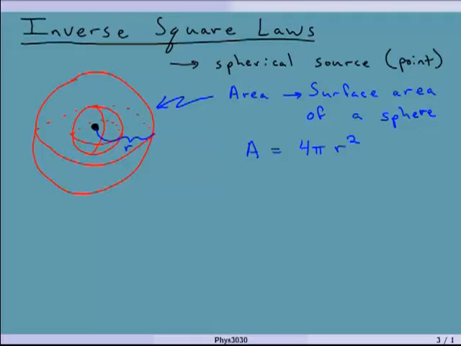So you notice that we got the right units here, right? R is going to be in meters or whatever, maybe light years, but squared gives us a unit of area, and 4 and pi are just numbers.